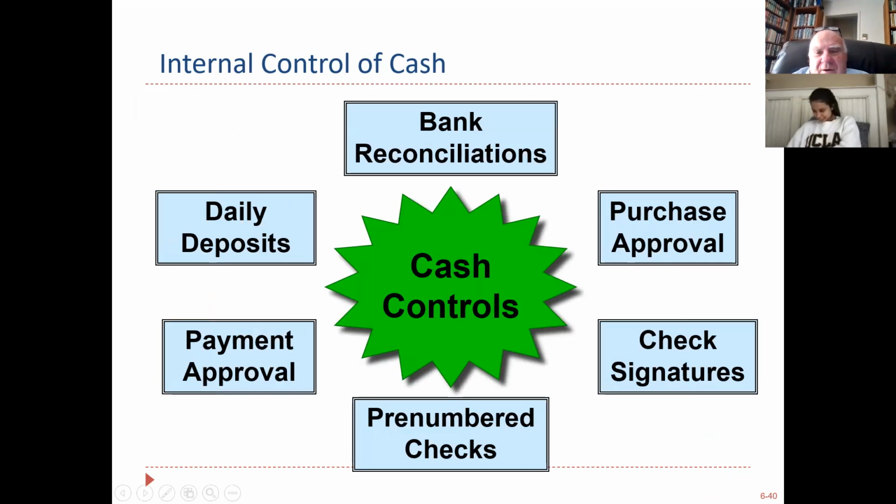All right, now we're ready for some good fun. Bank reconciliations. Well, we just said that separating the duties is an important control of cash, right? Probably an equally important one is to prepare your monthly bank reconciliation.